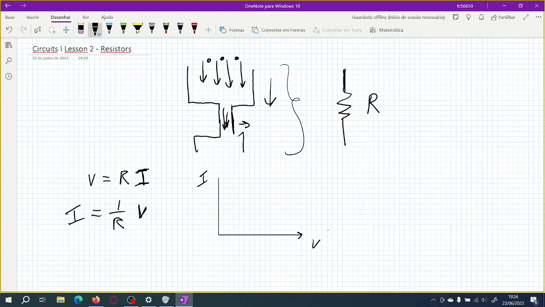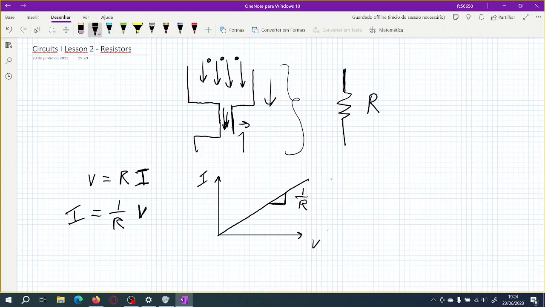For the same resistance, you can see that if we increase the voltage across the resistor, the current will also increase, right? Or if we increase the current, the voltage will also increase. So we'll have something like this. And the slope of this relation will be the inverse of the resistance.